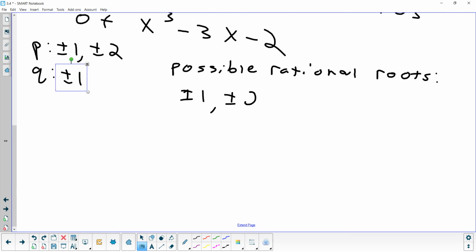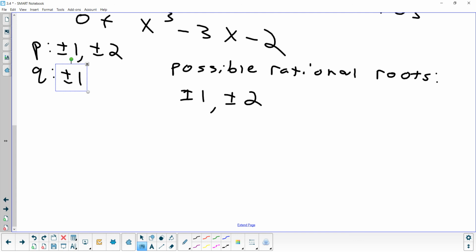Yeah. Okay. Now, I have 4 different options. That's a lot less than we had before. Now, how do I check? Or how do I narrow that list down?